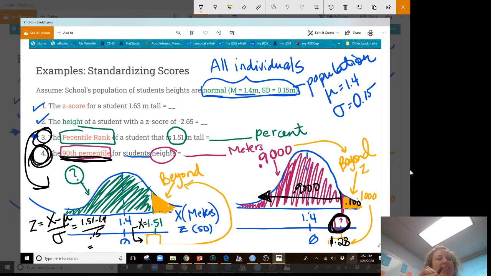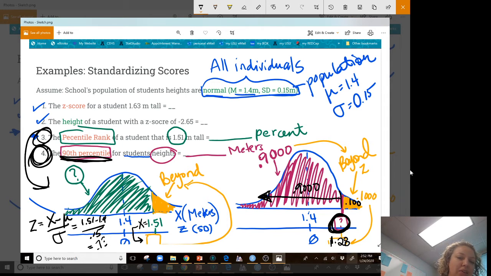Now I'm going to do these actual numbers, and I'm using my cell phone because that's the only calculator I have. Here we go. 1.51 minus 1.4 is 0.11, divided by 0.15 equals 0.733.